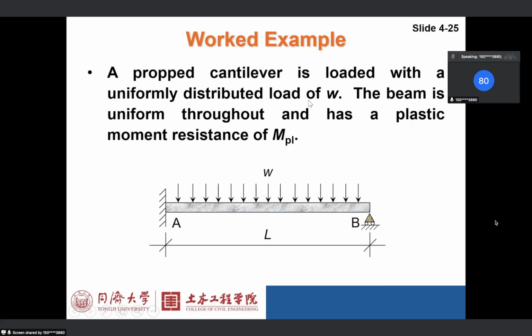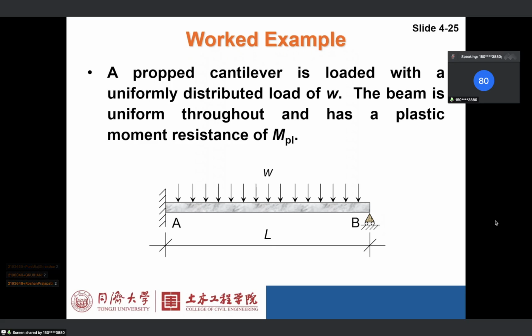First of all, can you tell me how many plastic hinges you expect in this beam? Yes, 2. There will be one here and one in the span.